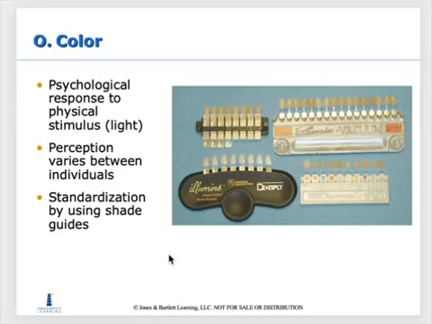Light's going to be reflecting off of the shade as well. That can affect what shade you're going to pick. So different things to keep in mind, especially when you're working on a specific area of the tooth, particularly anteriors.